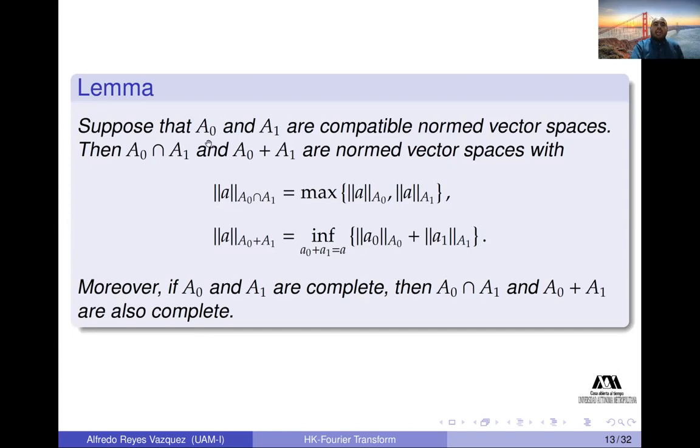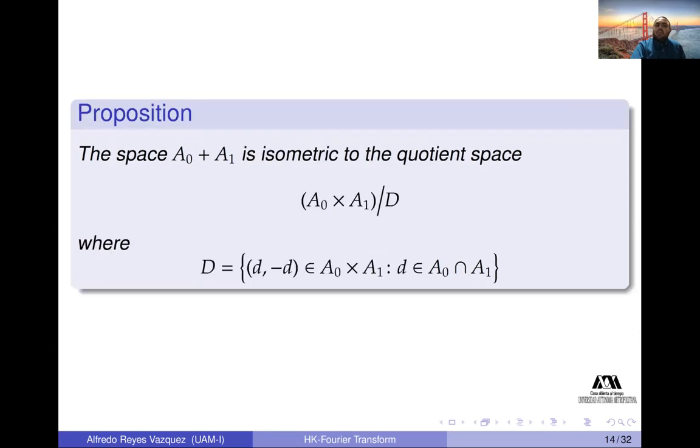And when A0 and A1 are Banach spaces, then the intersection and the sum are Banach spaces. In fact, we have the following proposition. The sum of A0 and A1 is isometric to this quotient space, where D is the set of all possible representations of an element in the sum.